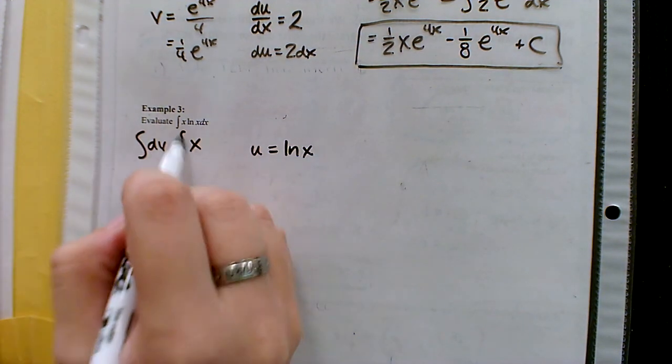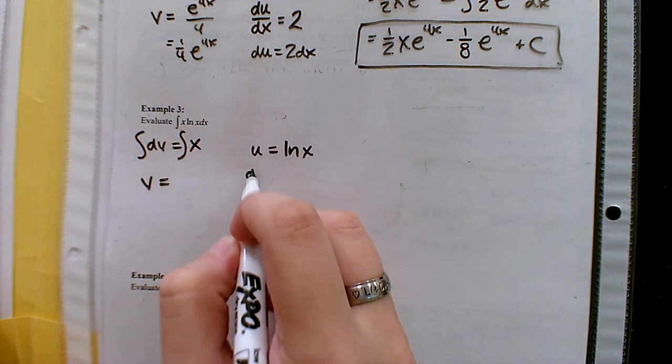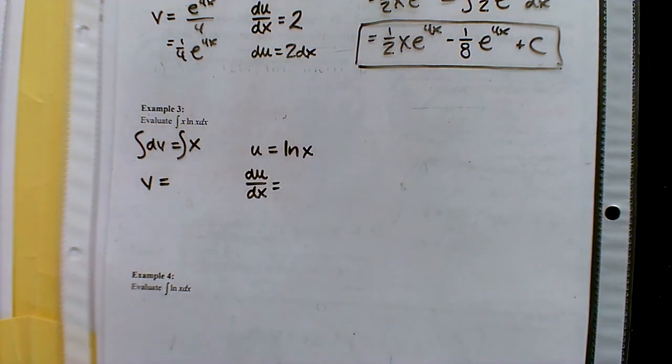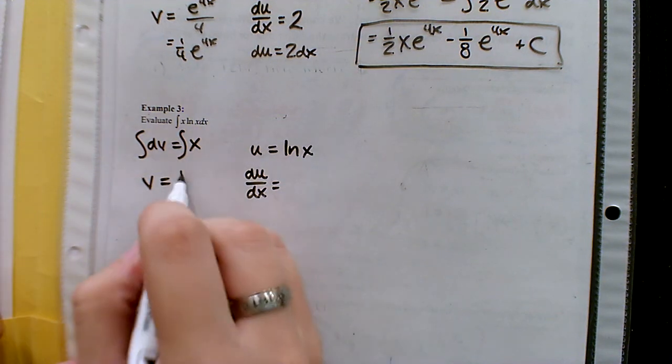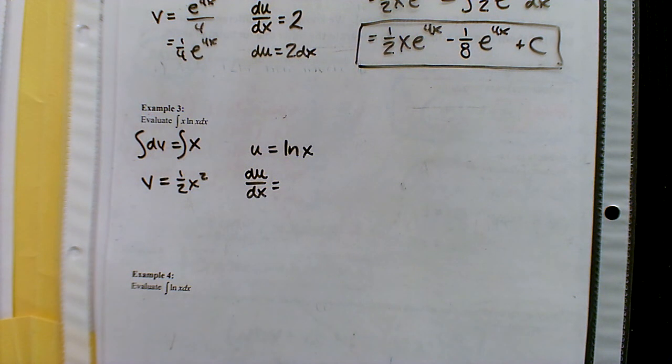So let's work backwards from dv to figure out v. And we're going to find the derivative of u to eventually get du. If you work backwards from x, what did you have previously? 1/2 x squared.